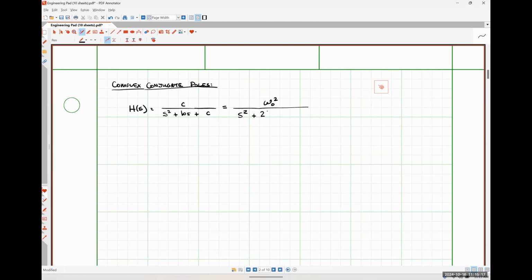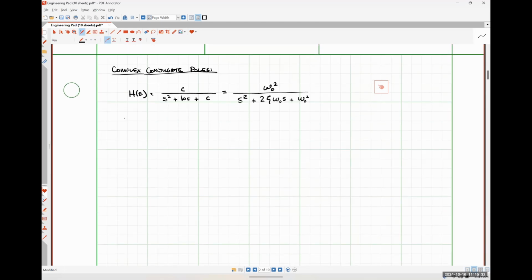So twice zeta omega naught s plus omega naught squared, where omega naught is simply the square root of c, and this is the resonant frequency of the system, just like it was way back in circuits 2.